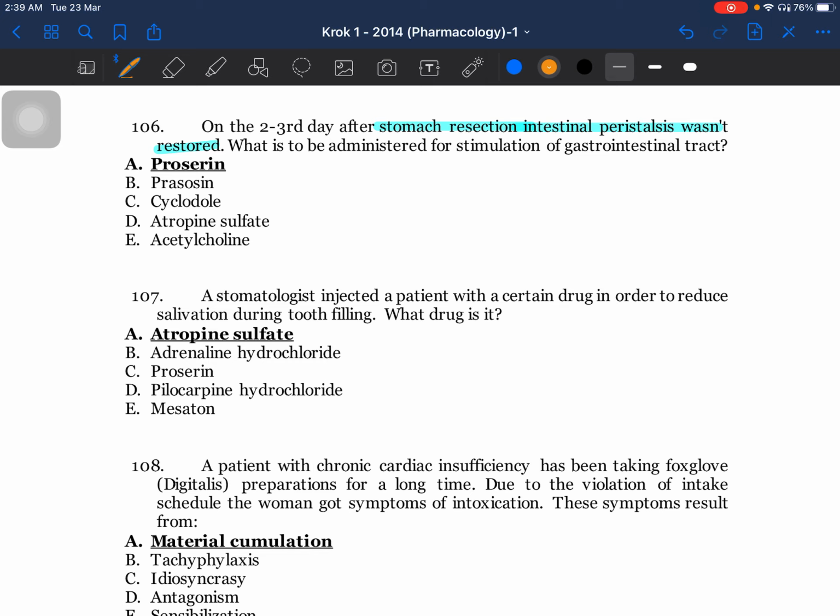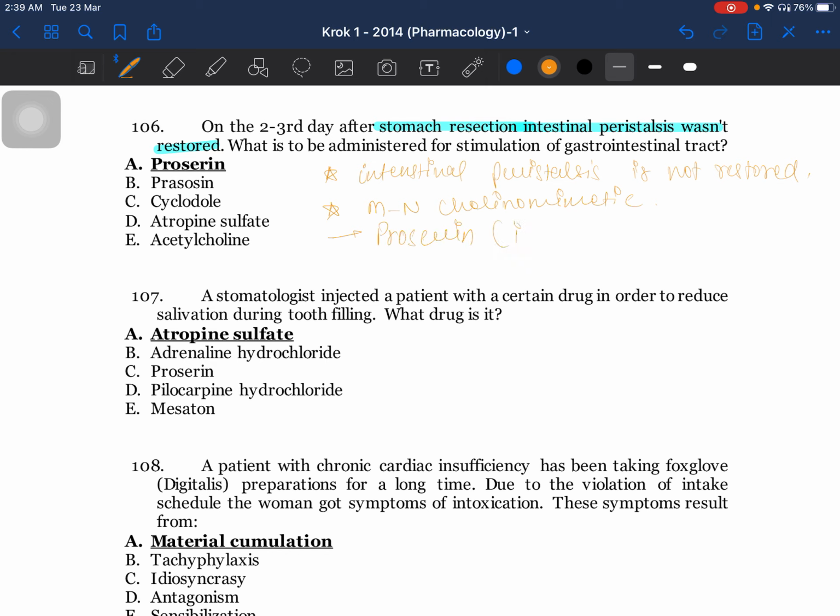Now basically here we have that intestinal peristalsis is not restored. So to restore that, we can use a drug that is an M and N cholinergic, and the best drug which is used for restoring the intestinal peristalsis is none other than proserine.